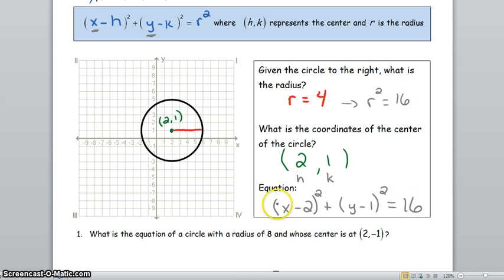So the equation of the circle to the left here is (x minus 2) squared plus (y minus 1) squared equals 16. One other thing to note here is that it's always going to be the opposite of your x coordinate in the parentheses with x, the opposite of your y coordinate in the parentheses with y. And that's because your equation calls for x minus h and y minus k.